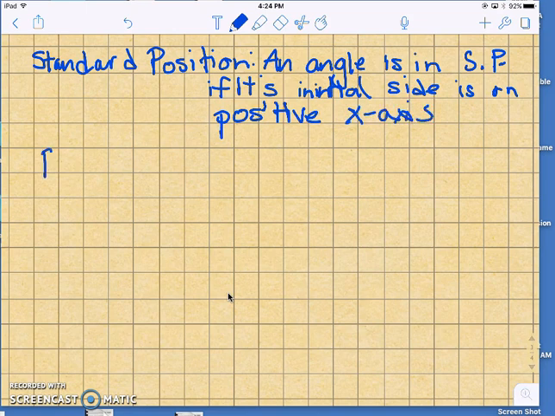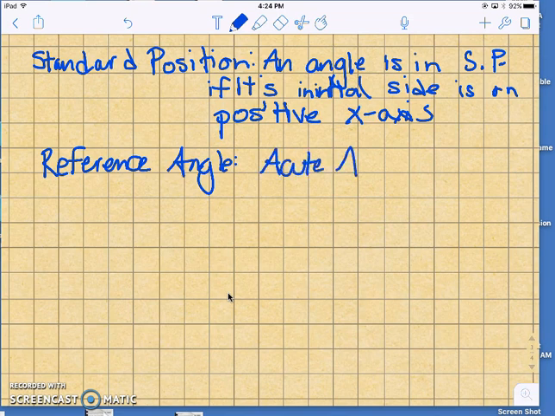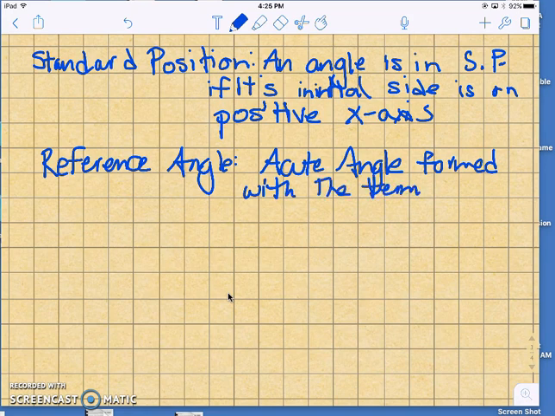A reference angle, our second vocab word, is the acute angle formed with the terminal side and the x-axis.